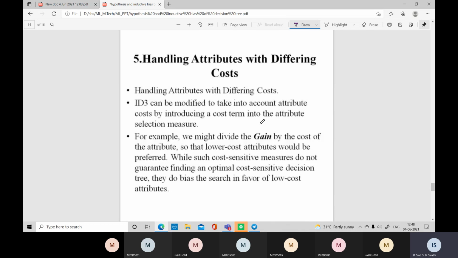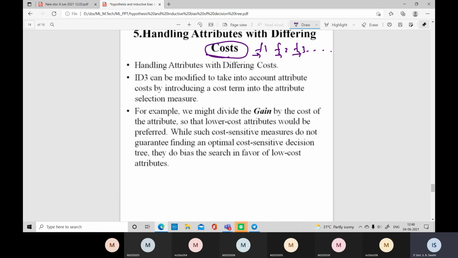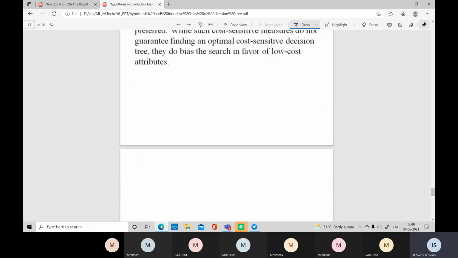Now this is another method, that is assigning some cost to the attributes, to the features. Feature 1 is there, feature 2 is there, feature 3. For each of these features, some cost, some value will be assigned. Based upon that value also, preference will be given to consider which feature as a root node, intermediate node, or leaf node.